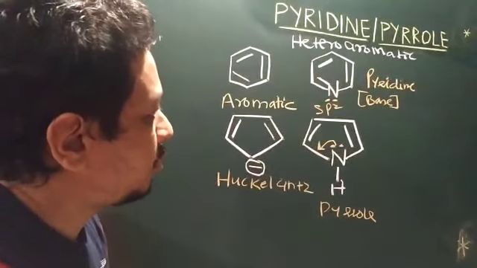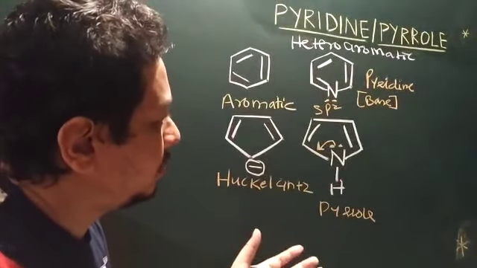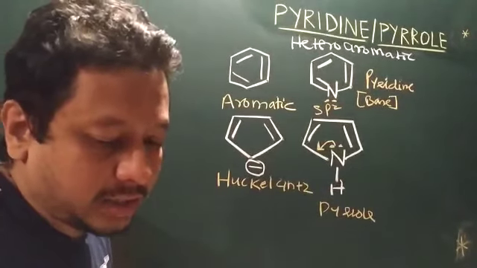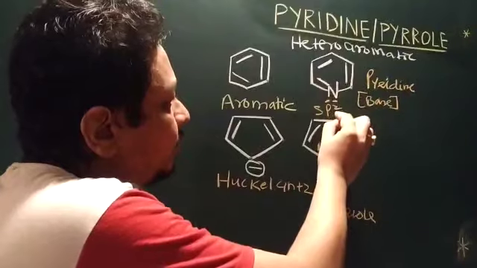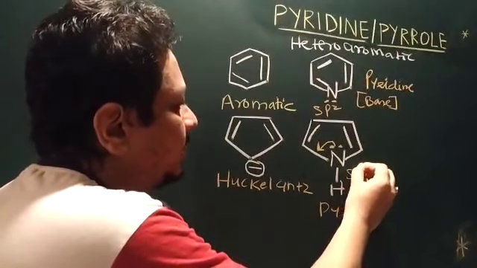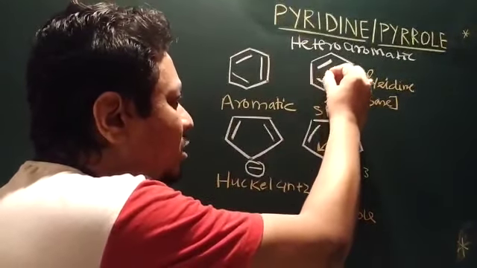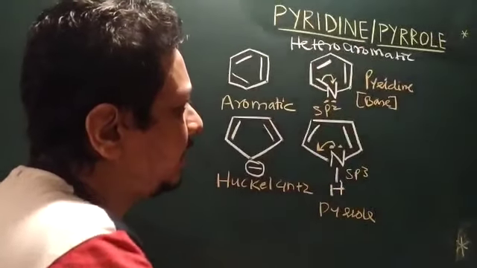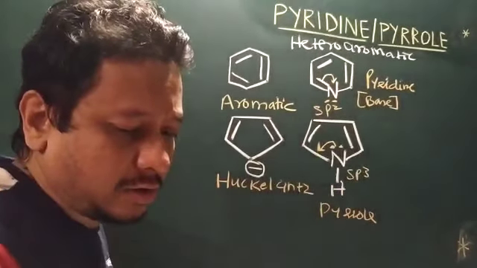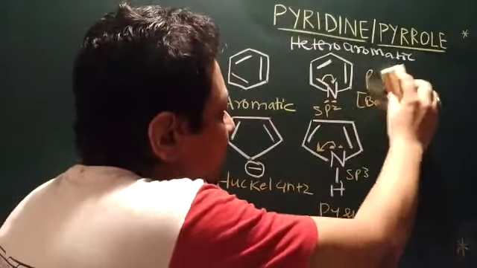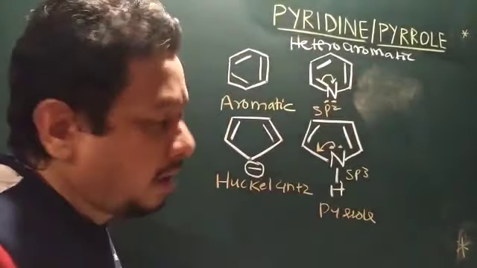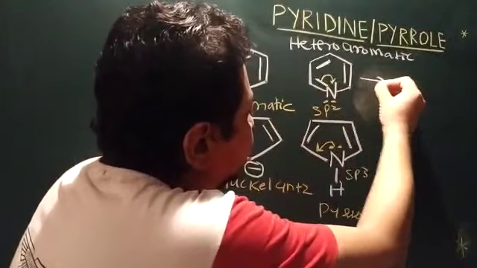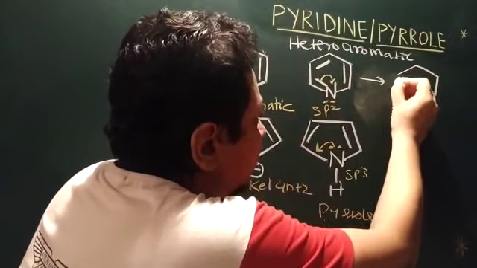Okay, so now we should understand these two structures. If you see, the nitrogen over here is sp2 and over here is sp3. So this nitrogen always has a tendency to pull the electron towards itself. So I can just write a structure over here for pyridine, after pulling the electron.